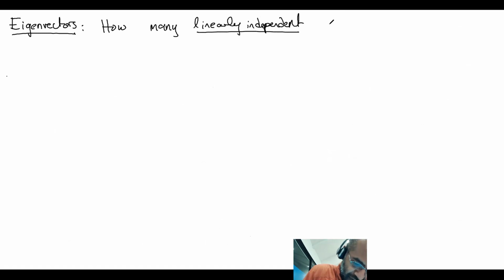How many linearly independent eigenvectors? Well, can anybody give me some bound on how many? Could you have infinitely many linearly independent eigenvectors? So for an n by n matrix.